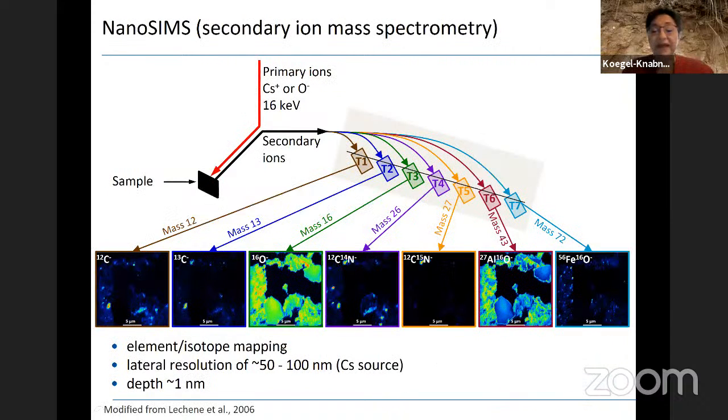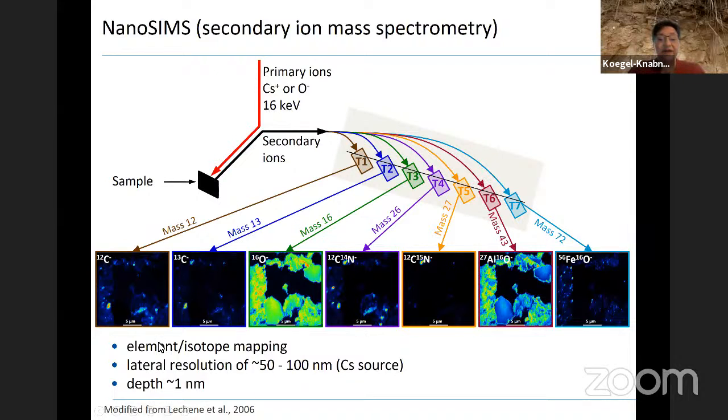We then looked at these samples from the incubation experiment with NanoSIMS, secondary ion mass spectrometry, and I will shortly explain because I will use such data also later on. What you can do with that is you use a primary ion. In our case, it's cesium, and you sputter away the surface of the sample and release secondary ions with different masses that are then separated.